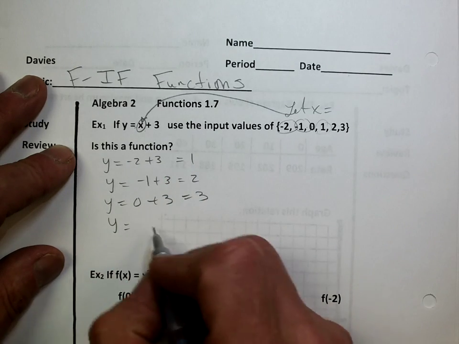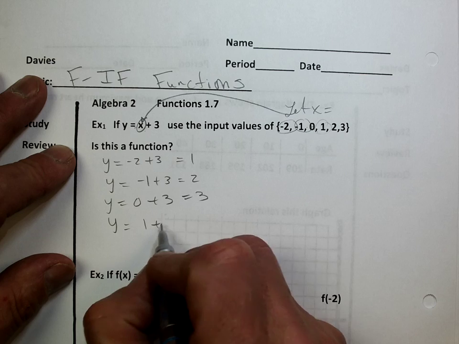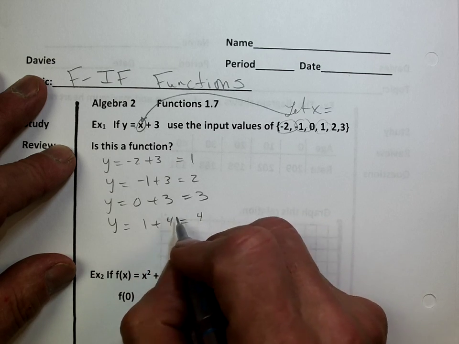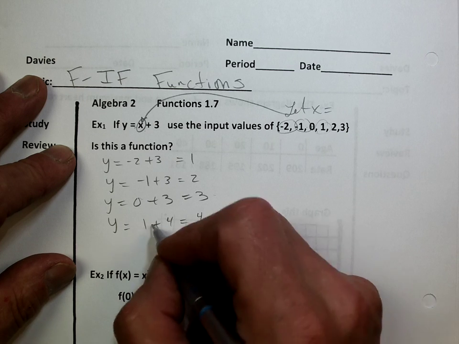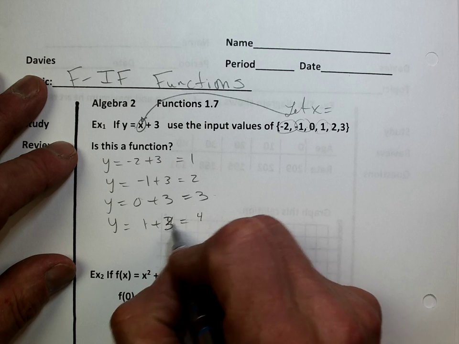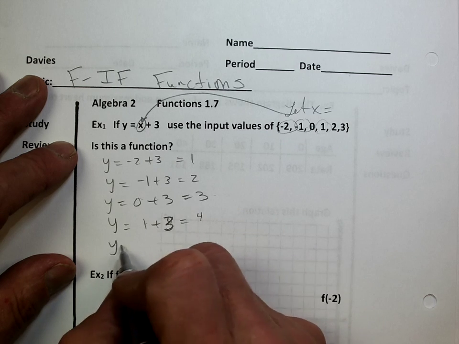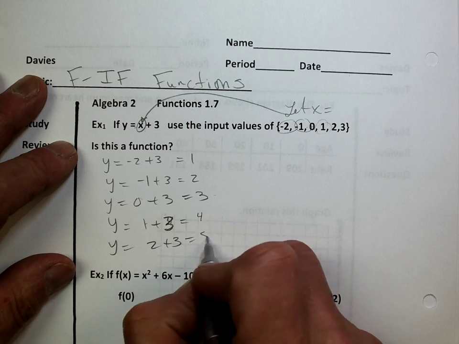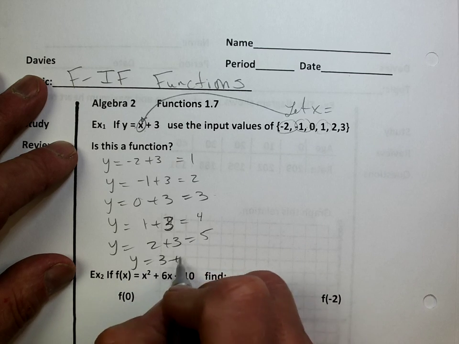You guys see a pattern yet? Hopefully you see a pattern. What's the next one? Whoops, that's 0. Oh, that's because I must have made a mistake. 3. There's my 4. Y equals 2 plus 3, which is 5, and y equals 3 plus 3 equals 6.